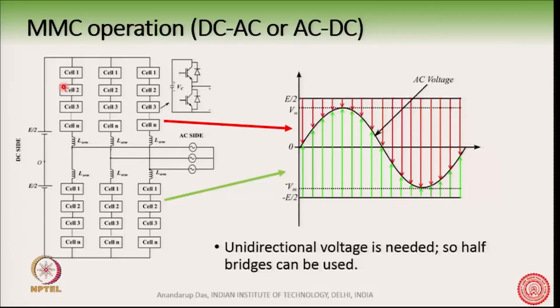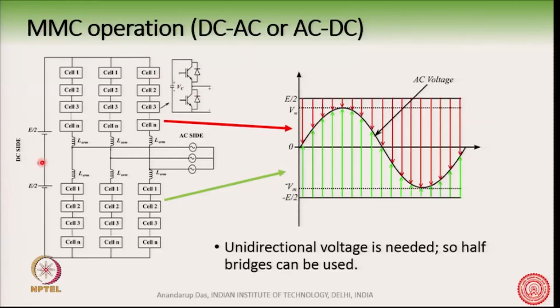voltage law. So, what it will do? See, the voltage produced by the upper arm is shown by the red arrows here. The red arrow denotes the instantaneous voltage produced by the upper arm. Why are these red arrows the instantaneous upper arm voltage?